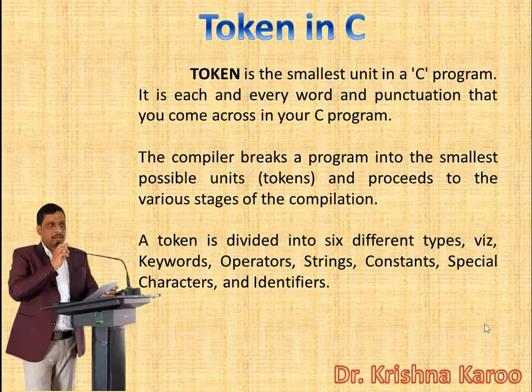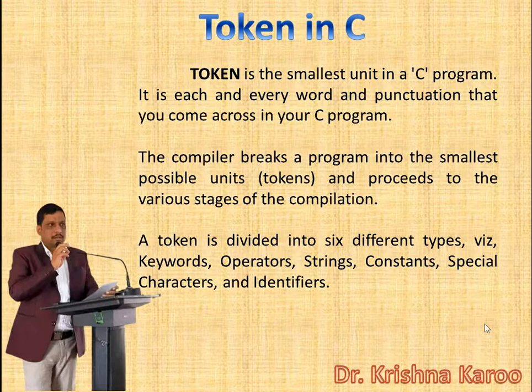Whatever is present on the keyboard, whatever symbols and other things, the punctuation marks also, these are all tokens. In other words, the compiler breaks a program into the smallest possible units, and those units are called tokens, and they proceed to the various stages of compilation.